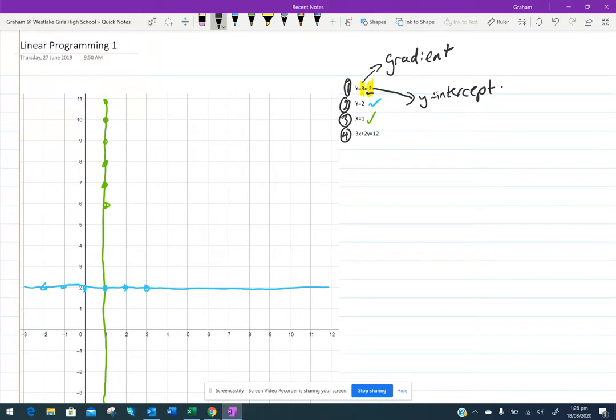So just by looking at this equation, I know that this graph crosses my y-axis at minus 2, and for every one square I go across, my gradient is I go up 3. So I go across 1, up 3. Across 1, up 3.